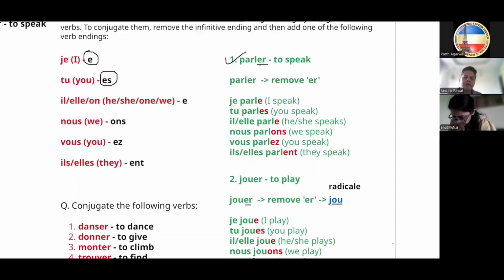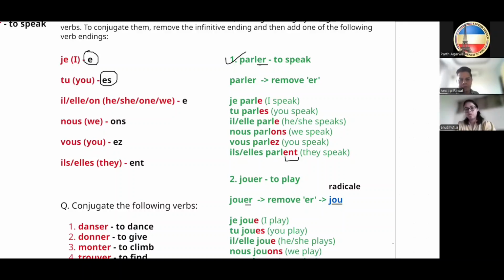And this il and elle parle. You know, the pronunciation of this ENT is always kept silent. It is never pronounced in the verb.